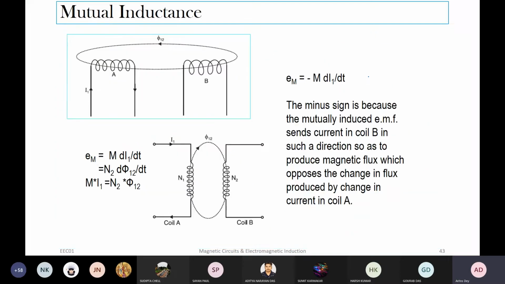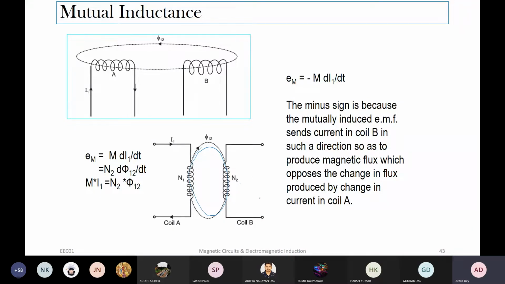Okay. So in case of mutual inductance, same thing, only in case of phi, we'll write phi 12, which is linked with your coil N2. So this is the phi 12 which is linked with the coil N2, and that is multiplied with N2 because it is induced here in coil 2, right?